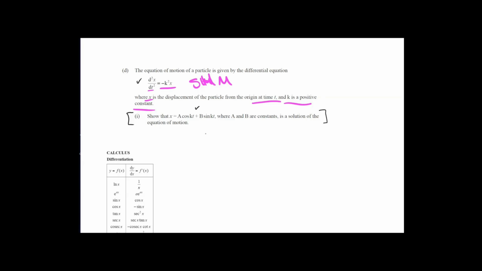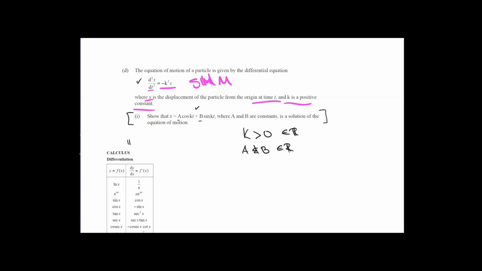What else do they tell us? They tell us that k is a positive constant. So k is a constant greater than 0, and it's a member of the real numbers. And they tell us that a and b here are also real numbers and are constant.